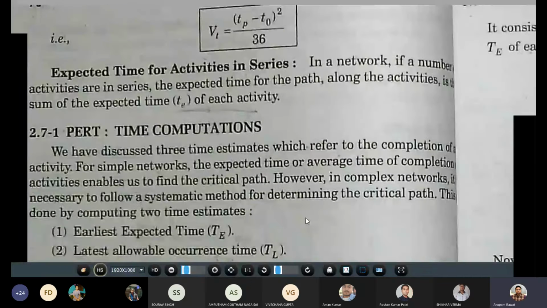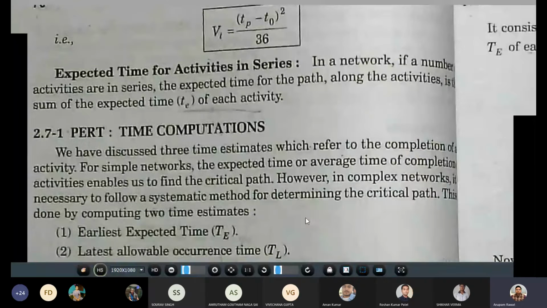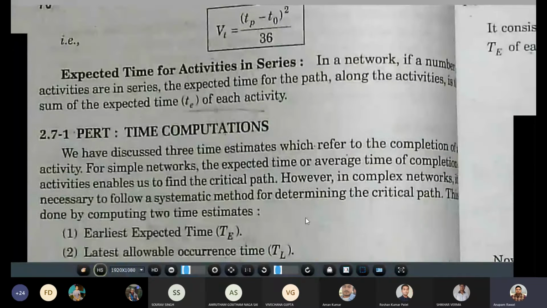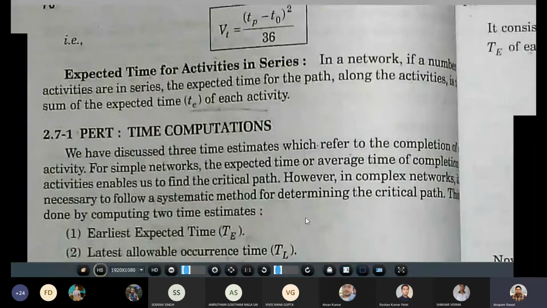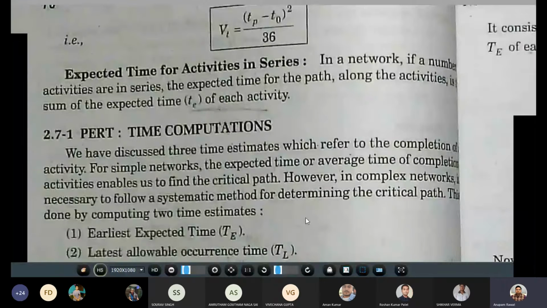Now, this part is related to the probability distribution. The term probability is connected with chance and uncertainties. For all three time estimates, the planner selects with his experience or from the frequency distribution, as there are inherent uncertainties.